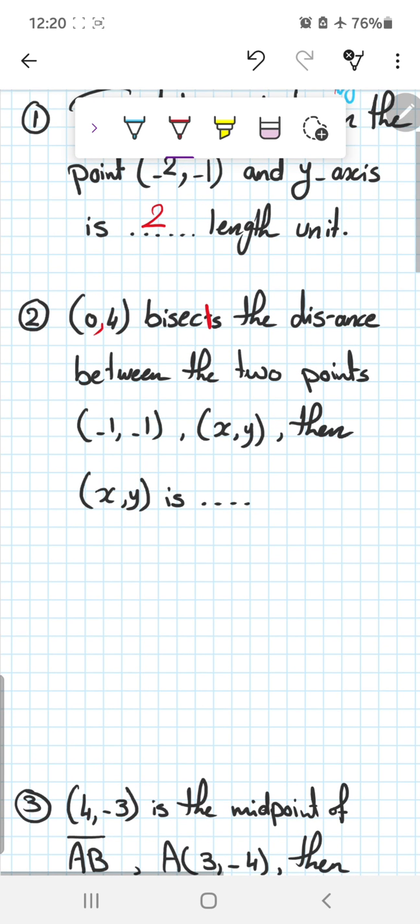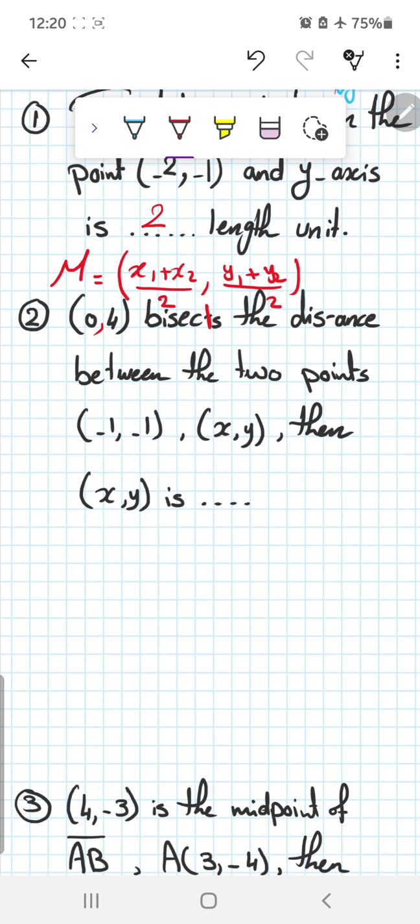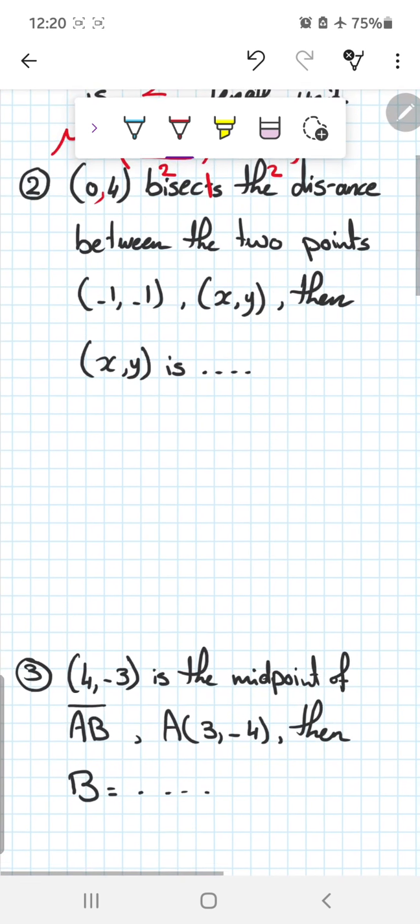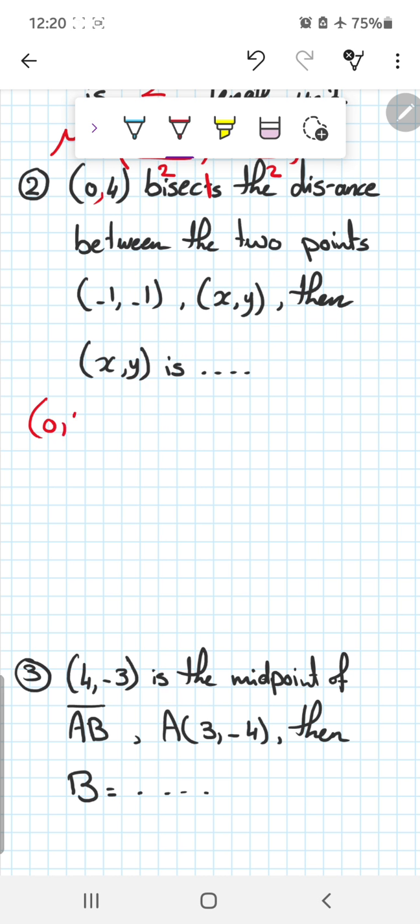Okay, we take a rule, so the midpoint of any 2 points equals the ordered pair (x1 plus x2 divided by 2, y1 plus y2 divided by 2). By substitution here, (0, 4) is the midpoint, equals (-1 plus x divided by 2, -1 plus y divided by 2).